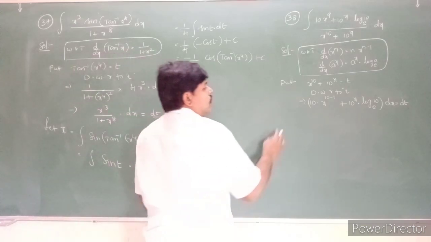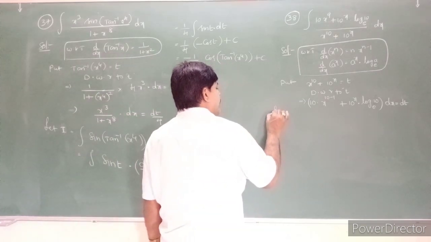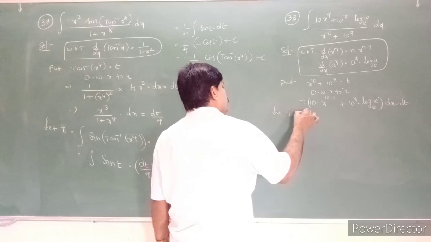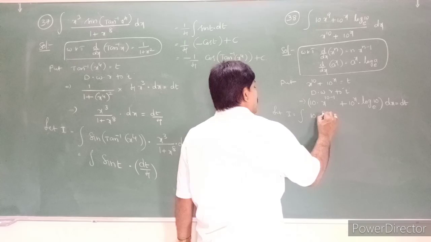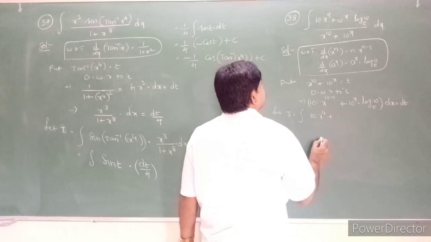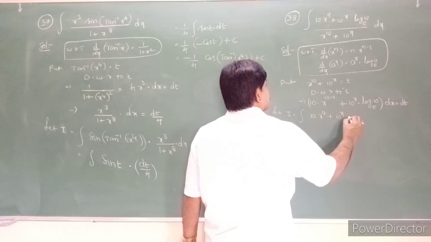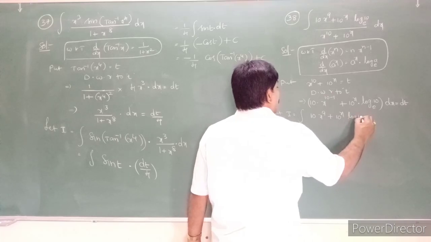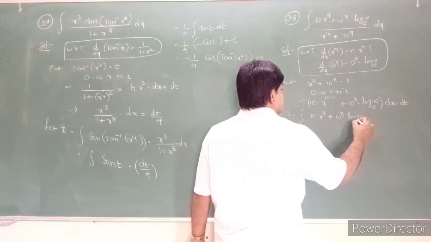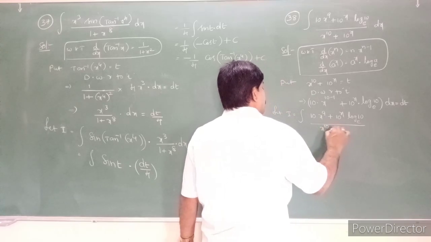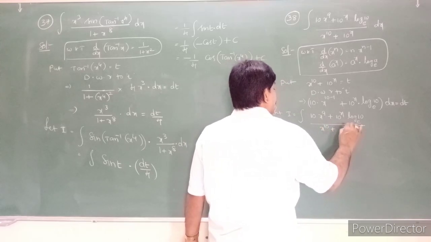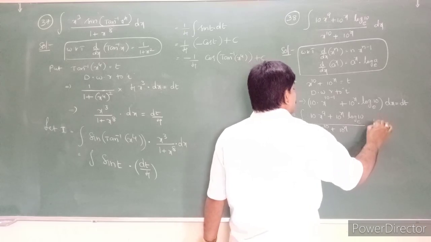So take the problem. Let I be the integral of (10 into x power 9 plus 10 power x into log 10 base e) by (x power 10 plus 10 power x) into dx.